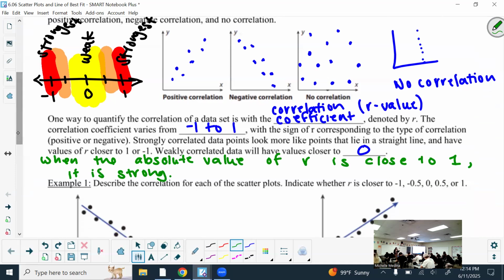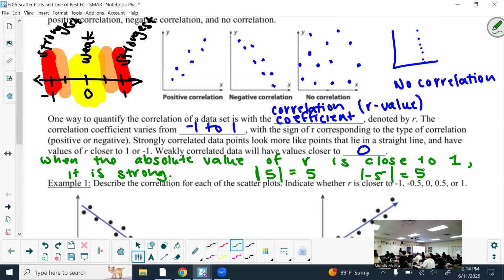But you may or may not be familiar with absolute value. What's the absolute value of 5? How far is 5 away from 0? 5. What's the absolute value of -5?